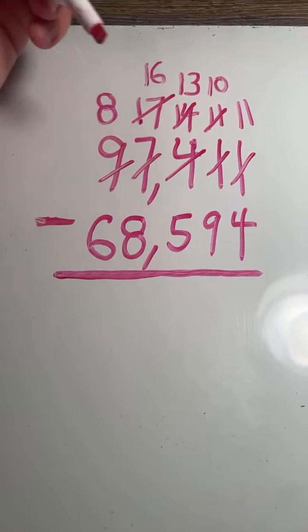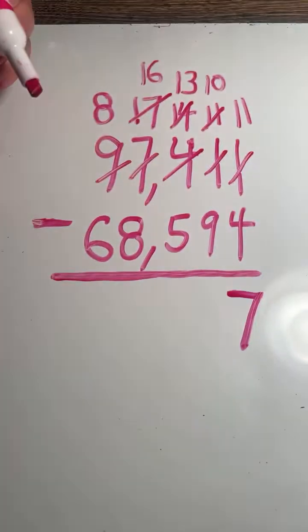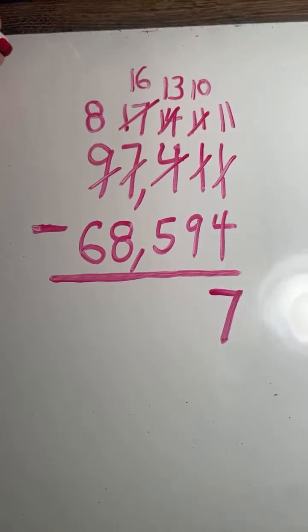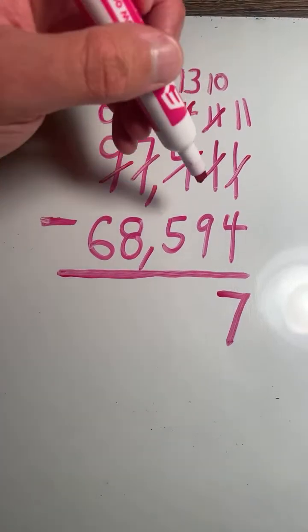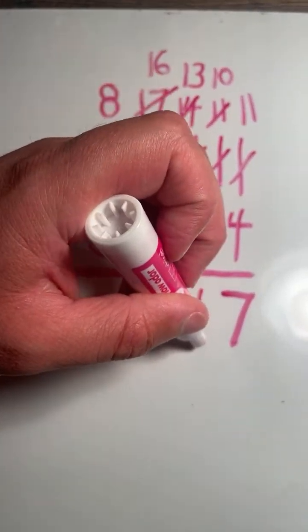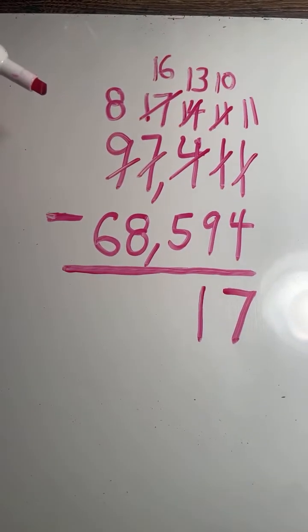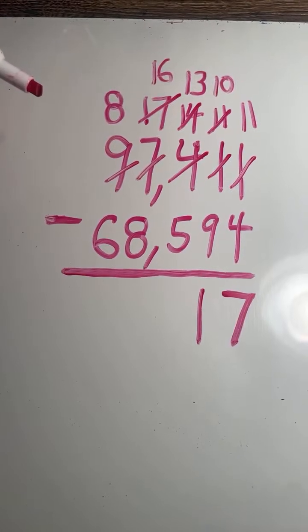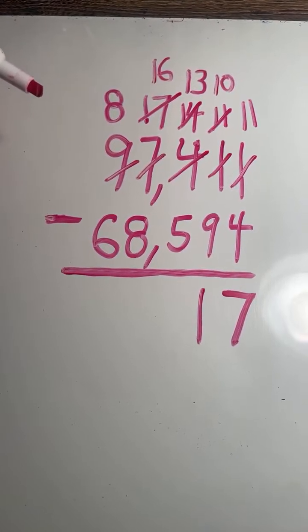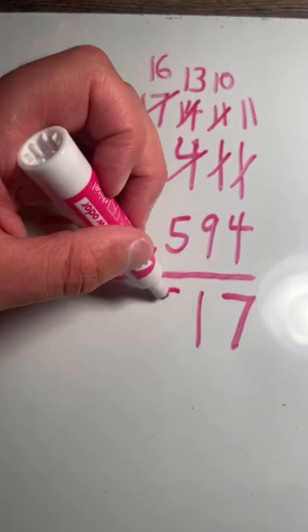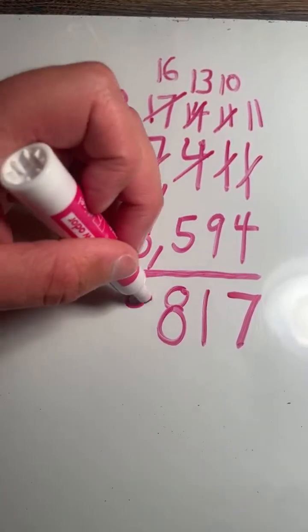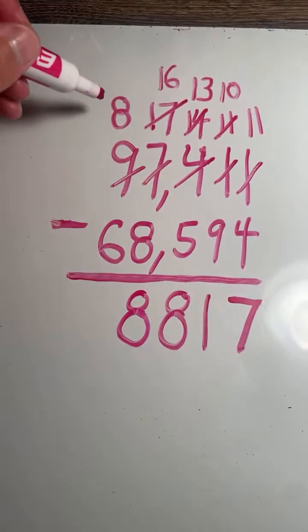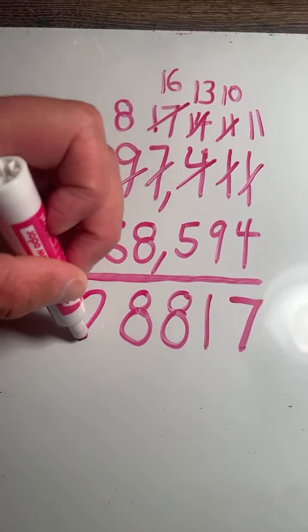All right, 11 minus 4 equals 7. 10 minus 9 equals 1. 13 minus 5 equals 8. 16 minus 8 equals 8. 8 minus 6 equals 2.